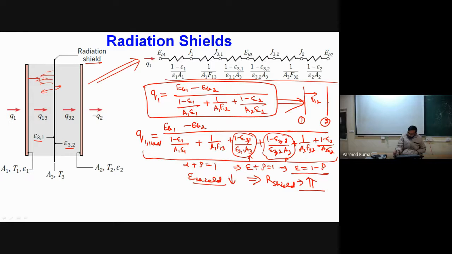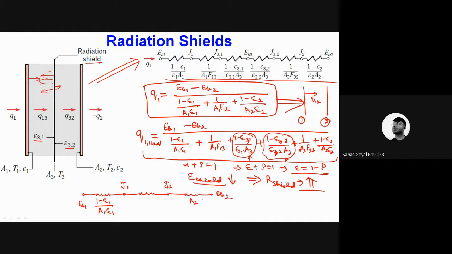Okay, so when I have these two faces, what will be my resistance circuit? EB1, J1, J2 and EB2. What is this resistance? Oh, sir, actually, okay, sir, I got it.